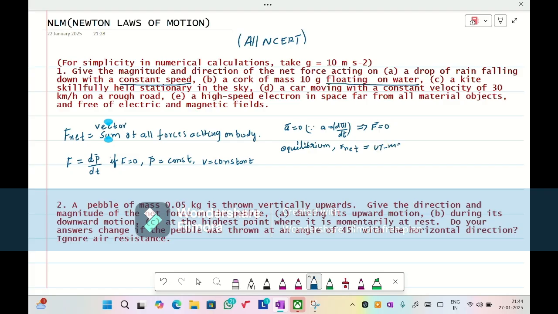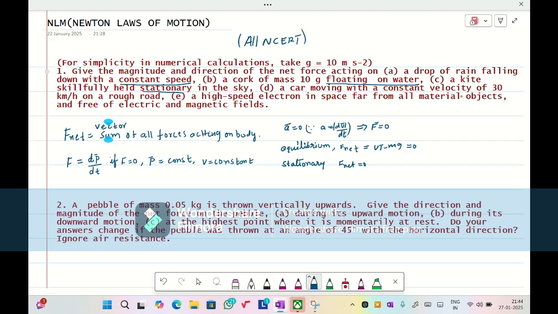Mg is downward, upthrust is upward. These two are equal, so it becomes 0. The kite skillfully held stationary. Stationary is given, so net force is 0.